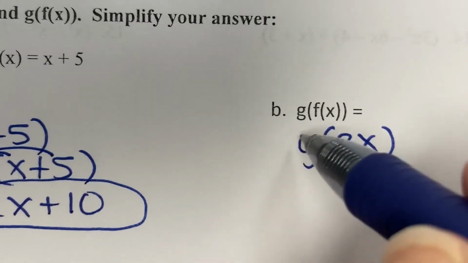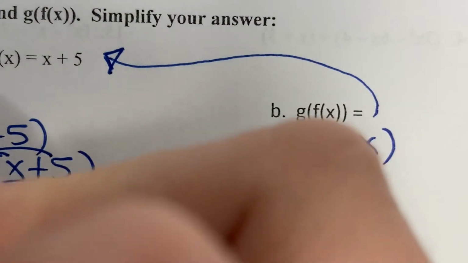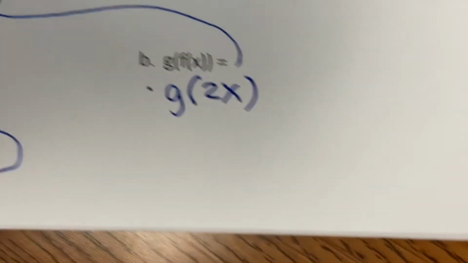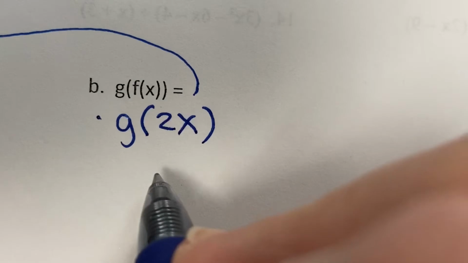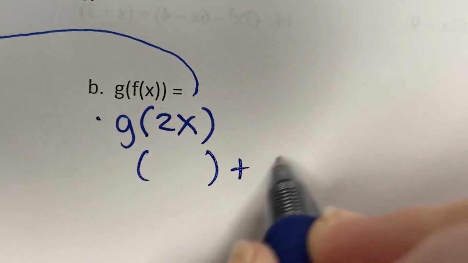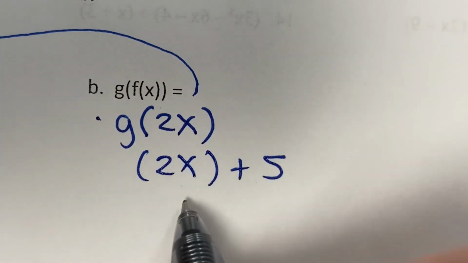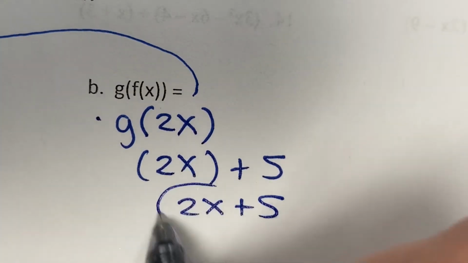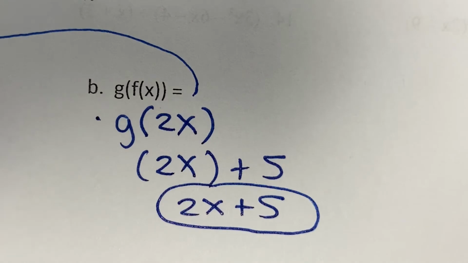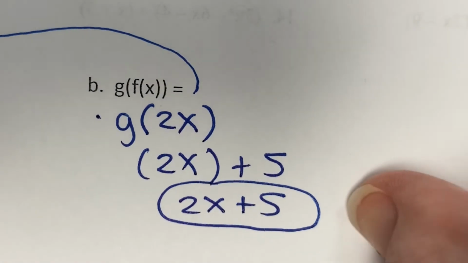That's x plus 5, so instead of saying x plus 5, we have something plus 5. 2x drops in, and 2x plus 5 doesn't combine, so it's just 2x plus 5. Long story short, one function gets substituted into the other function and vice versa. The hardest part is making sure that you substitute the right one into the other. Sometimes those get mixed up.